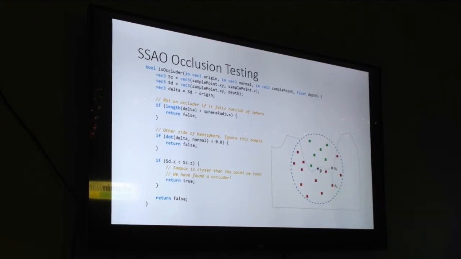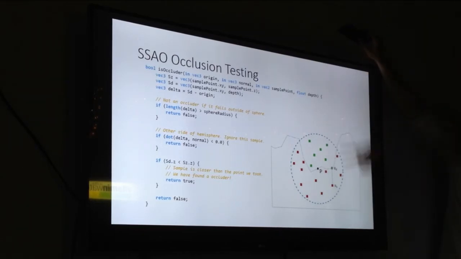The way we do that is we look at the depth of the sample, which is SZ here. Say we're at this sample. This is the camera, and the camera is looking down this way, with the depth buffer there.